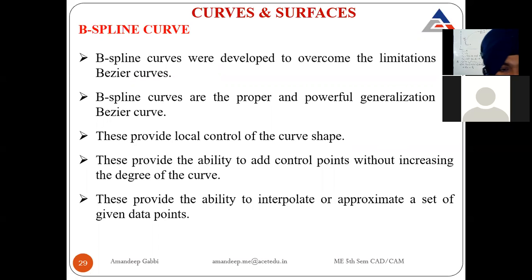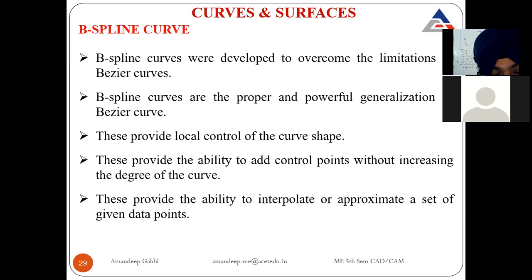These spline curves were developed to overcome the limitations of the Bezier curve. Some of the limitations are that the flexibility of the curve is not that great, and the computational effort required in case of Bezier curve was quite high. Those limitations were overcome in this B-spline curve.